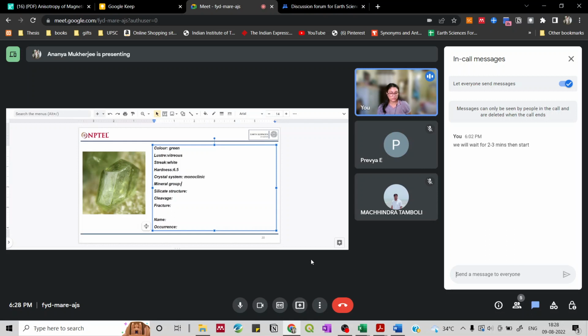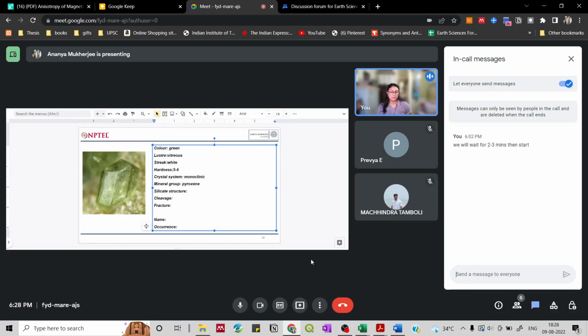The mineral group: diopside is a pyroxene. So diopside is a pyroxene. So sorry, the hardness is between 5 to 6.